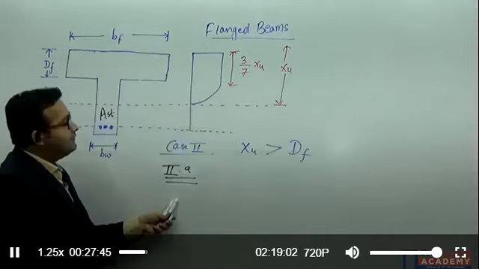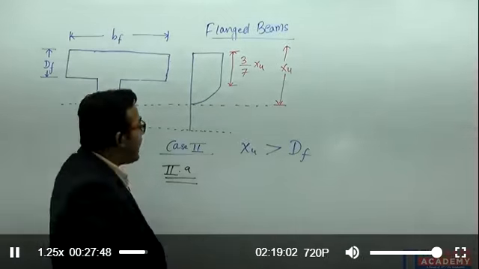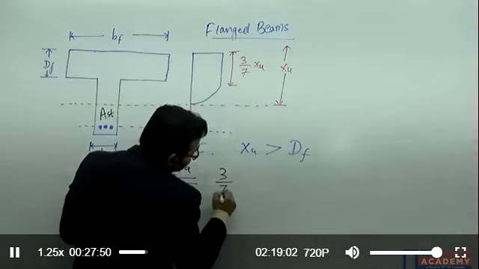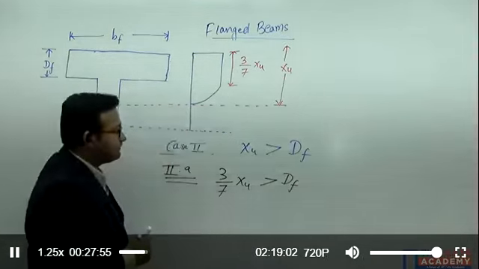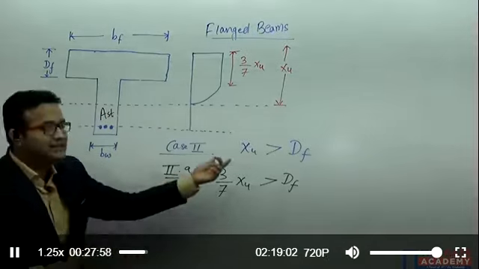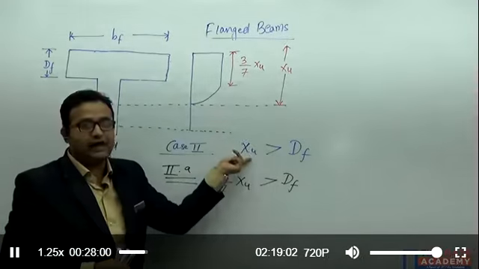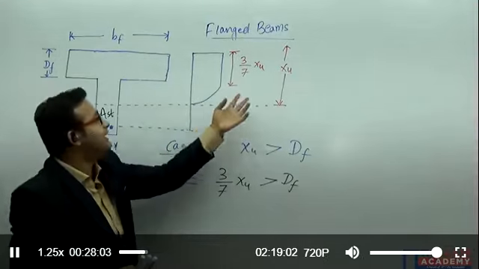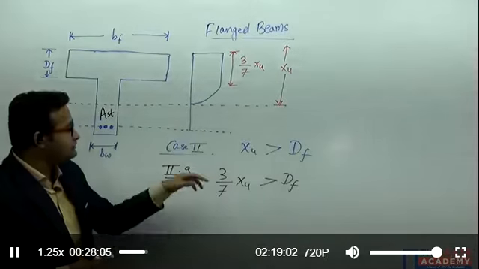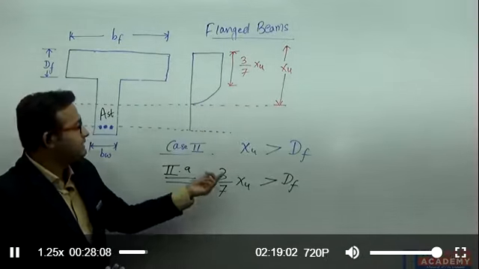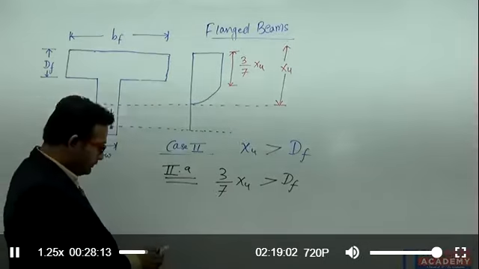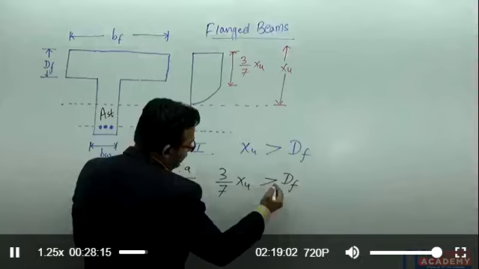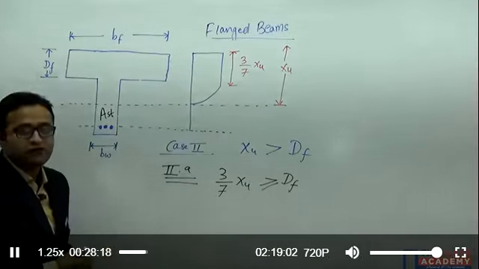Case 2A is when you are satisfying this condition and you are also satisfying that 3/7 of xu is greater than or equal to the depth of flange. This condition is okay: xu is greater than the depth of flange. But we are also satisfying that 3/7 of xu is greater than or equal to Df.